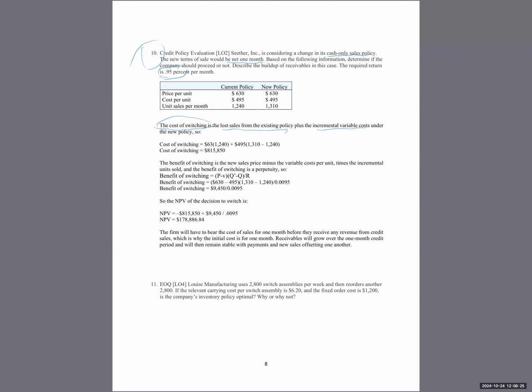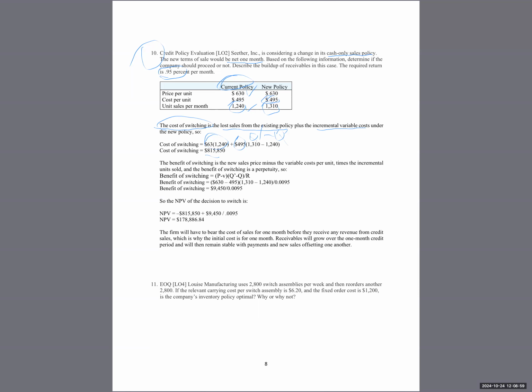Based on the information, the current policy price is $630, the units are 1,240. So that's the lost sales, and then the cost per unit is $495, and the units are Q new policy minus Q current policy, which is 1,310 minus 1,240.